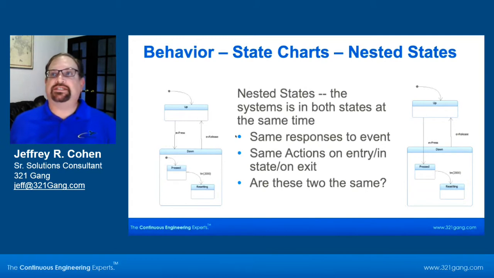So as long as we're talking about nested states, let's talk about nested states. The key of a nested state is that when I'm in pressed, for example, I'm in both pressed and down. But it's still exactly one known state to the system. I'm in the pressed and down state.